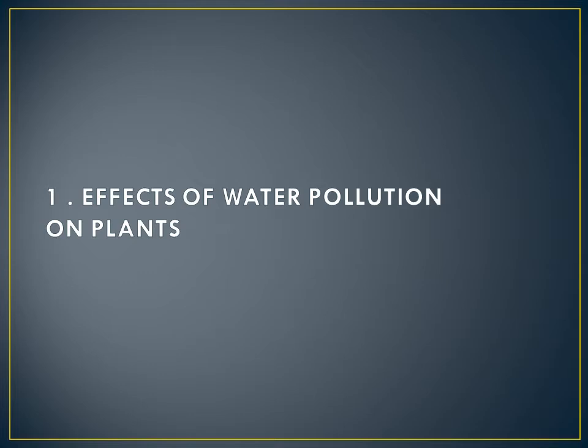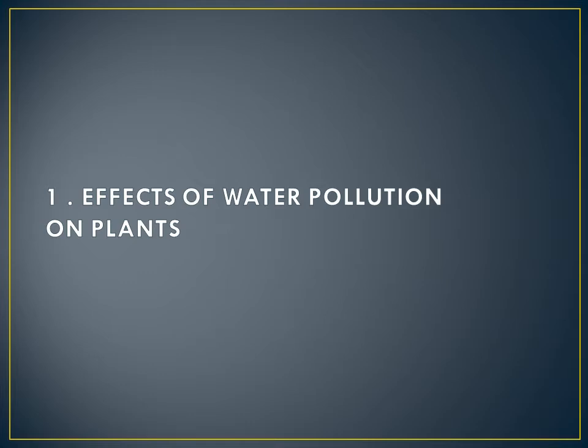Oil spillage blocks air and sunlight from reaching aquatic plants. Aquatic plants, pupils, these are plants that grow in water. This makes them die due to lack of ability to perform photosynthesis.